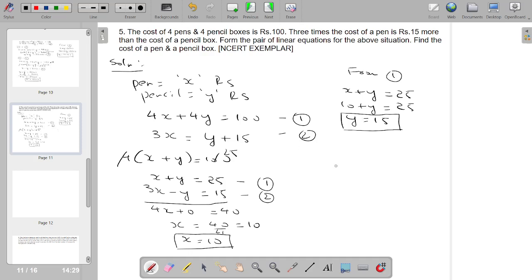So x means pen box cost is 10 rupees and pencil box cost is 15 rupees, which is y. This is the solution. So now we can move on to the next problem.